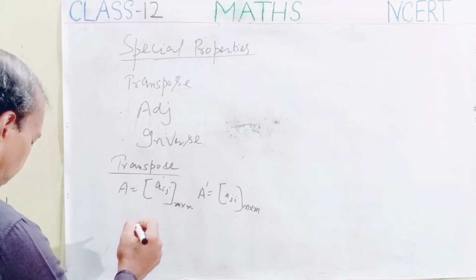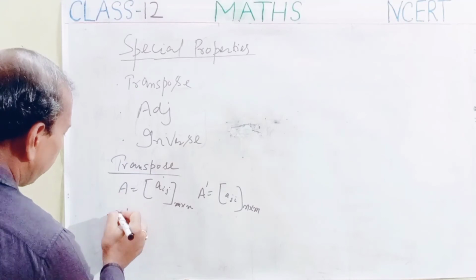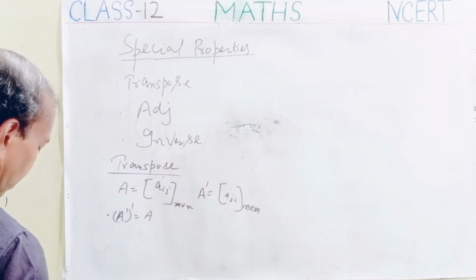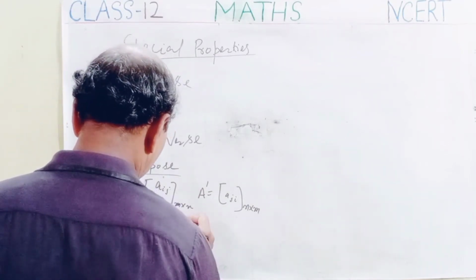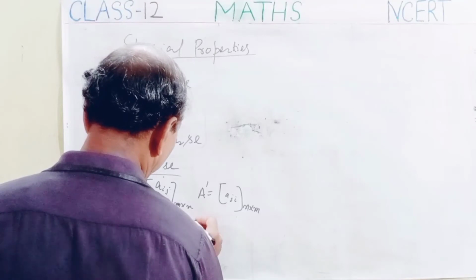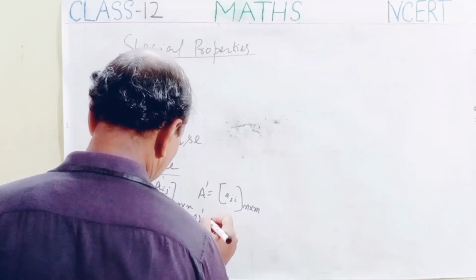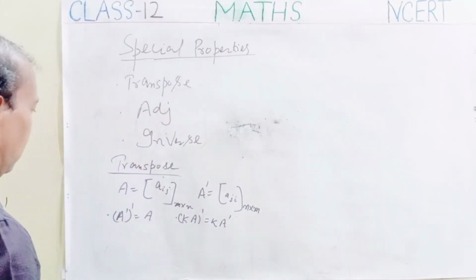The first property is that if you take the transpose of the transpose, then you get the same matrix A. Second, if you multiply by a constant K, the transpose of K into A is equal to K into A transpose.